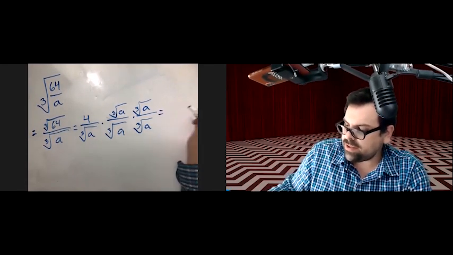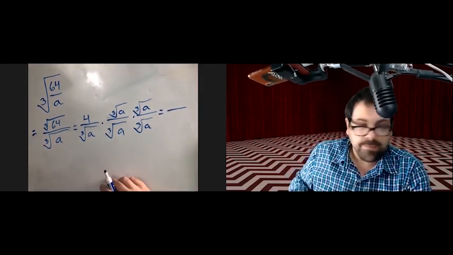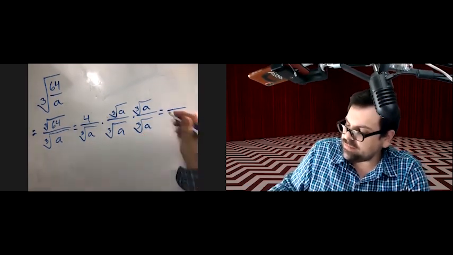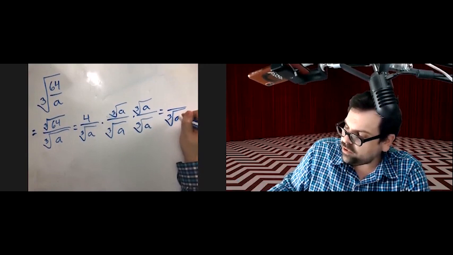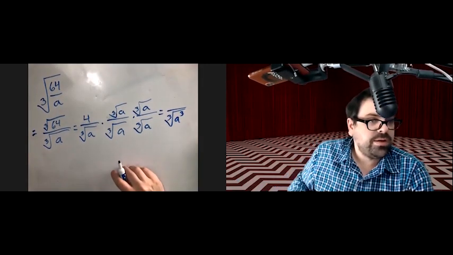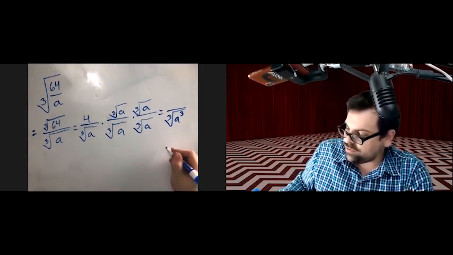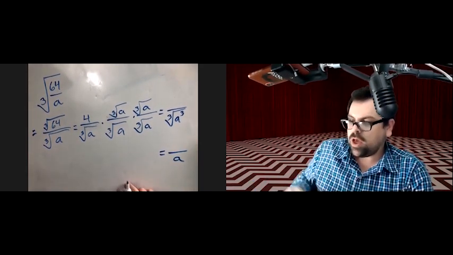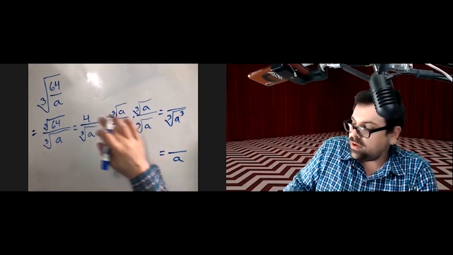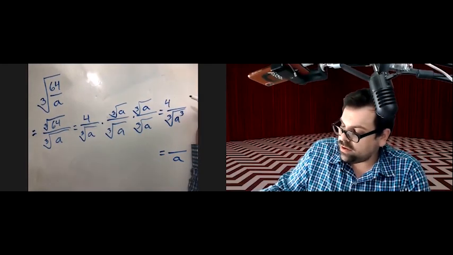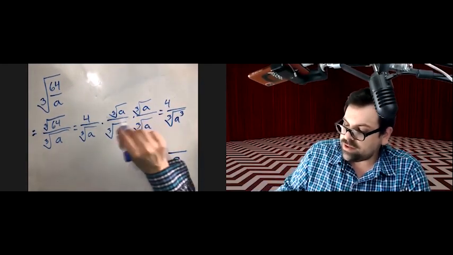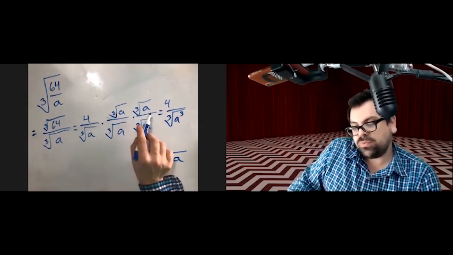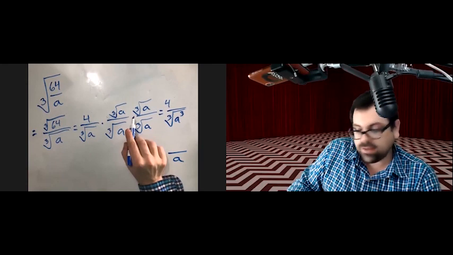Why? Because a cube root of a times a cube root of a times a cube root of a would be a cube root of a cubed. And those do cancel and just leave us with a. But what would we have on top? We would have 4 times 2 of these. But it wouldn't be 2 cube root, that would be if we were adding.